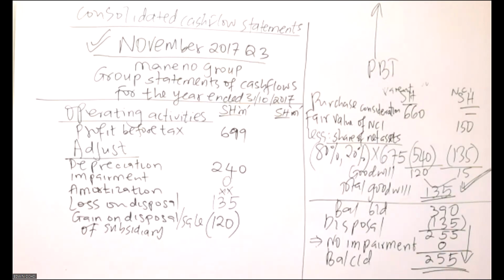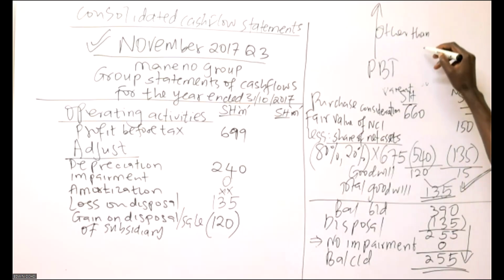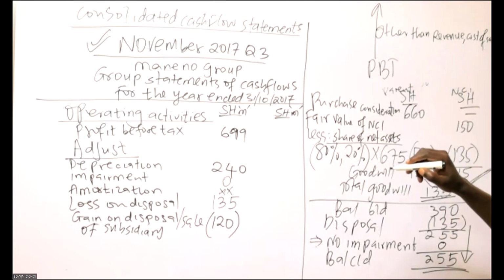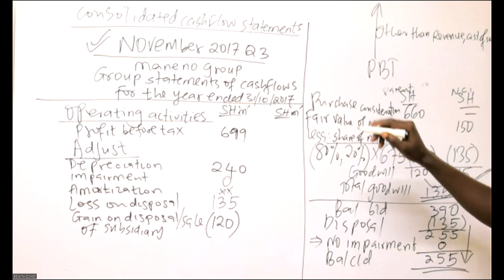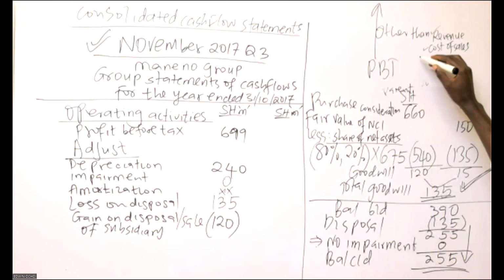Which are the ones which will appear in those items above the profit before tax? Other than revenue, cost of sales, and operating expenses.